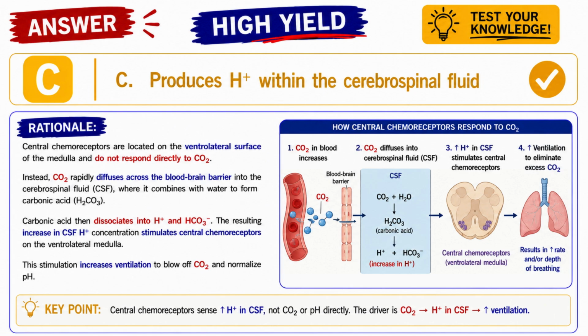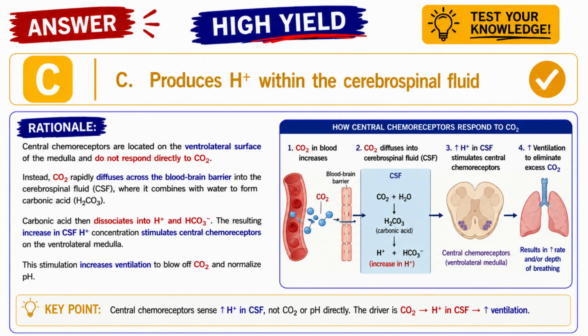This distinction has important clinical consequences. In chronic hypercapnia, as in chronic COPD, the kidneys compensate by retaining bicarbonate, normalizing arterial pH. But cerebrospinal fluid also eventually equilibrates. Its pH returns toward normal despite the elevated CO2.